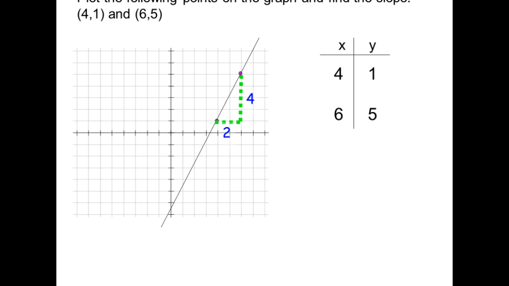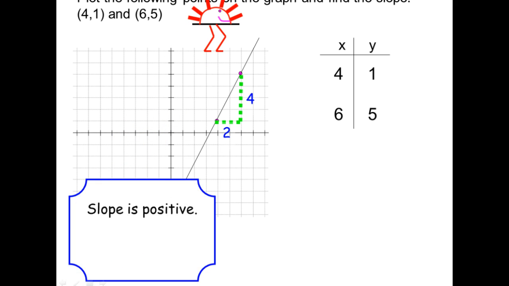The rise here is 4 and the run here is 2. I usually prefer to do it on the other side, but it doesn't really matter. Alright, so since we're moving uphill, this will be a positive 2. The slope here will be positive 2 once we simplify the rise over the run.